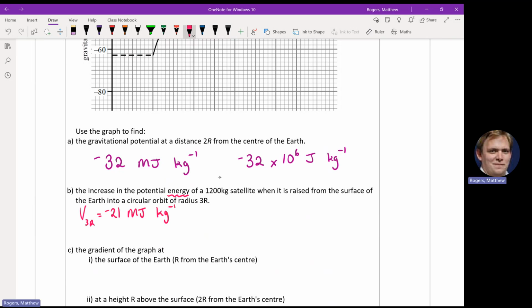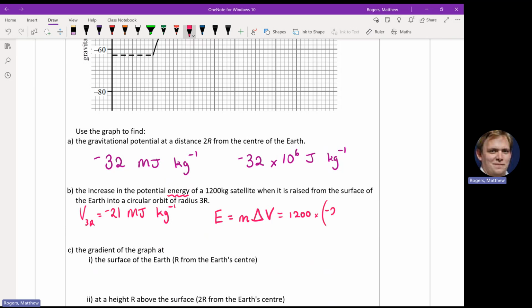So to work out the energy, we're going to take the mass and multiply it by the potential difference. In this case, the mass is 1,200, and then we multiply that by the final minus the initial. It's always our way. So we're lifting up.